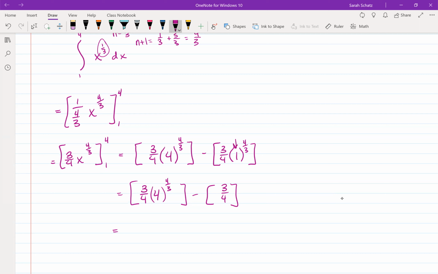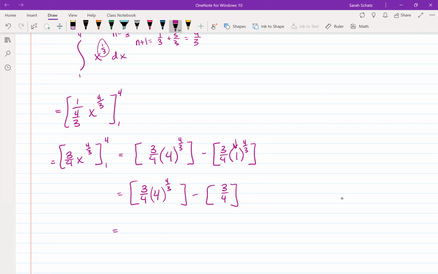But if you need to approximate, remember, you can do fraction powers in your calculator. When you raise it up to whatever power, just make sure you put it in parentheses. So I'm going to take 4 to the 4/3 power. If you're following along here, you should get about 6.349 something.